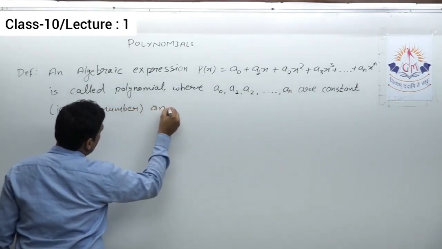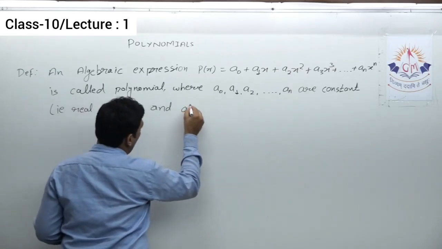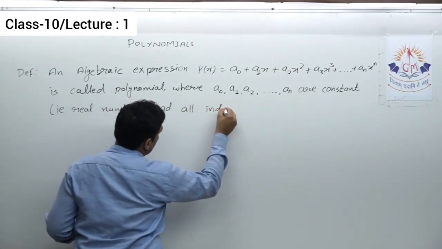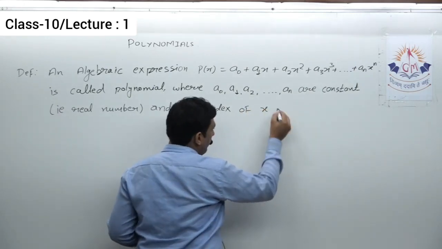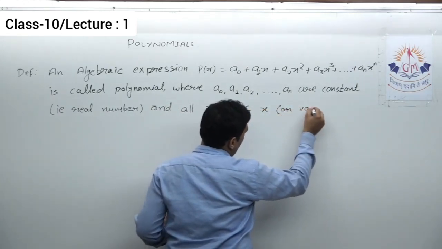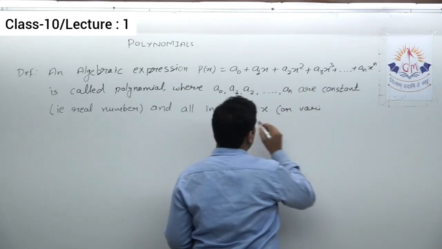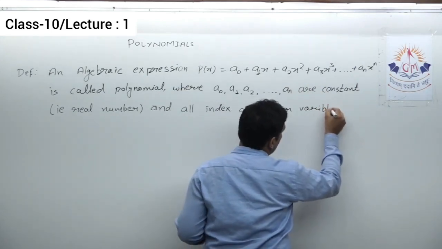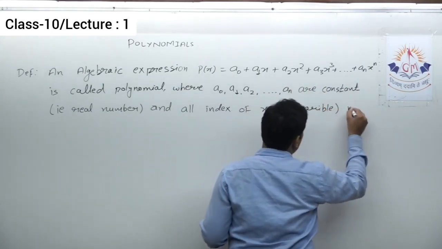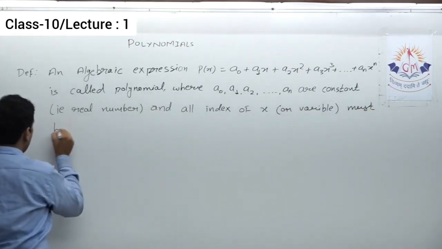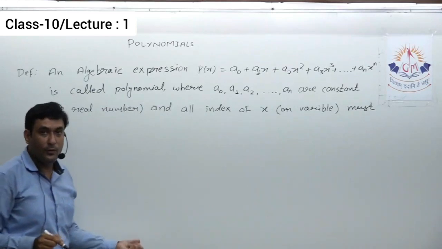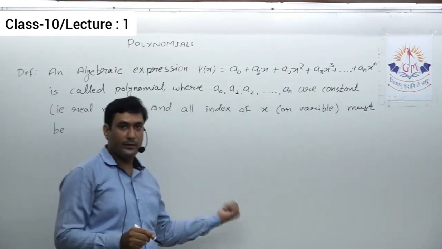And all indices, that is the power of x or variable, here I use x, so that's why I wrote x, or variable, must be non-negative integers. That means it might be 0 as well. Non-negative integer means we can start from 0.